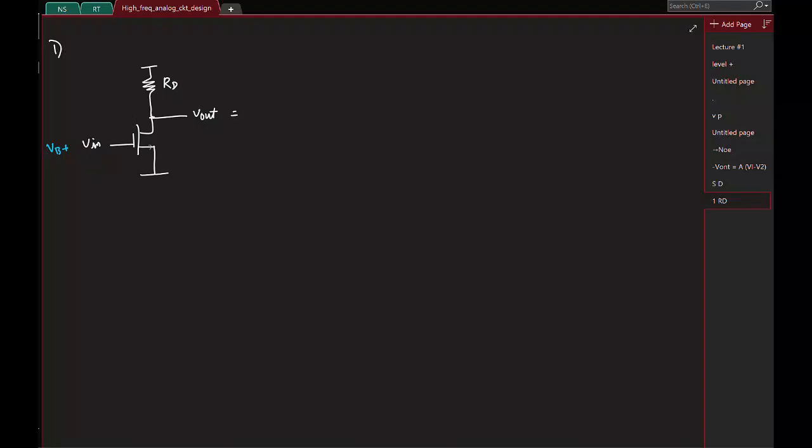It is minus Gm times RD parallel R naught times V in. It's straightforward, right? Because in small signal you'll have a current Gm VGS, so Gm VGS is basically Gm V in, and then you have R naught like this. So you have a current Gm V in flowing upwards, and that flows through the resistance R naught and RD, right? Great. So this is called the common source configuration.